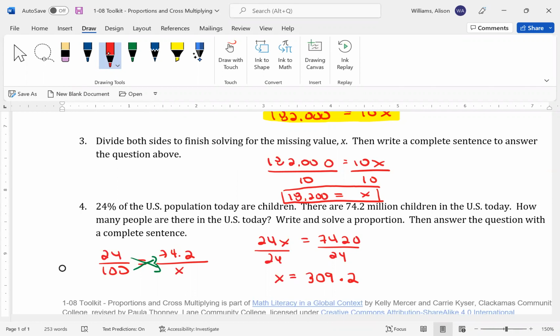So that's 309.2 million. So the population of the US is about 309.2 million people. And there we go.